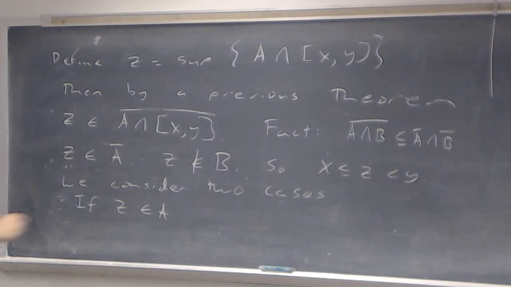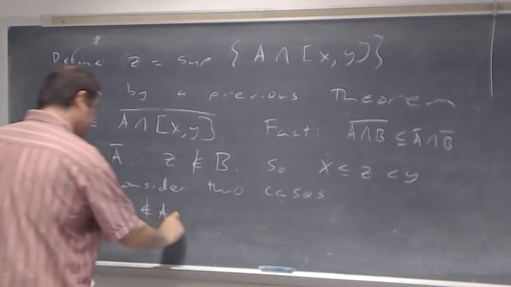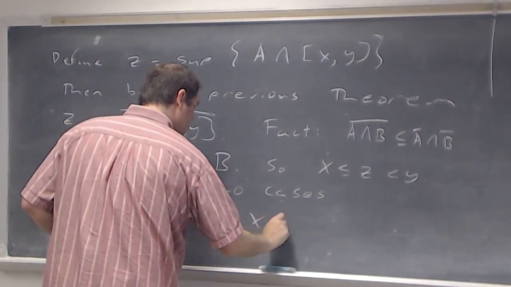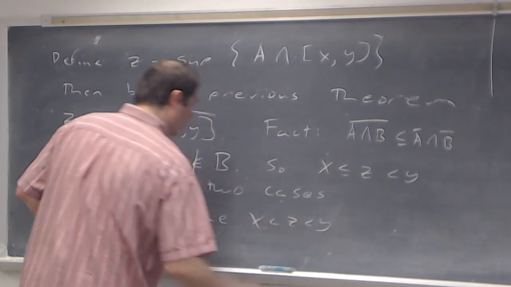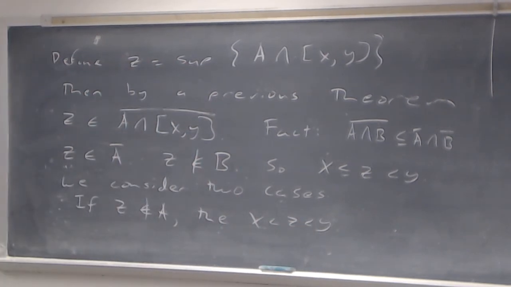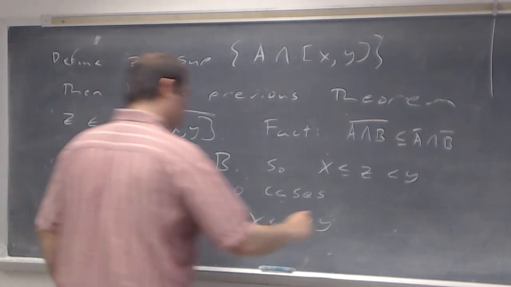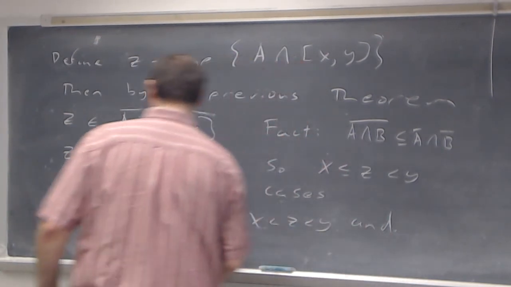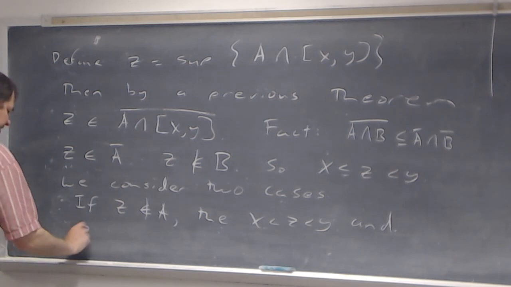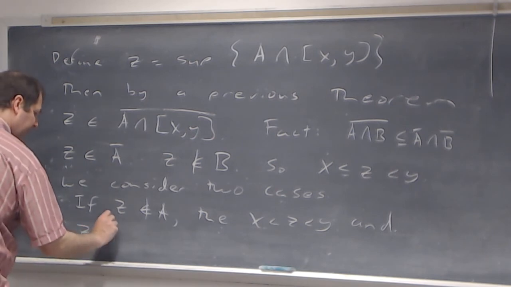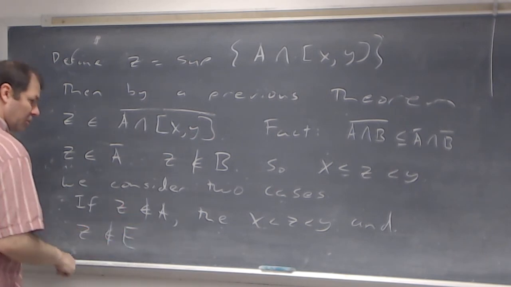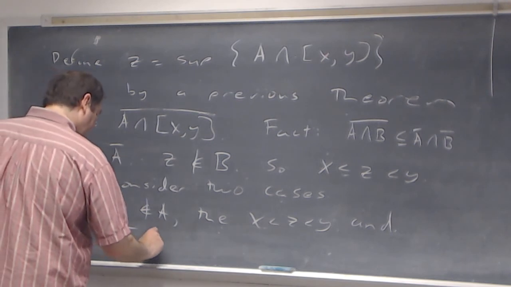So either z is in A or z is not in A, okay? Then what will happen is x is less than z, which is less than y. So that's the type of point we want to be talking about. And z would not be an element of B. Hey, that's what we want to have happen.